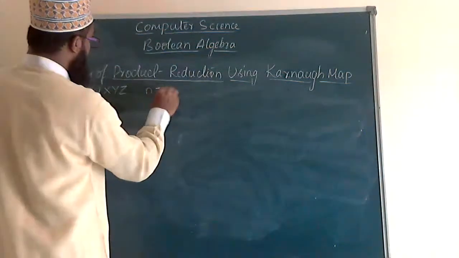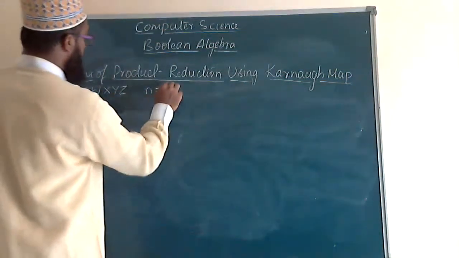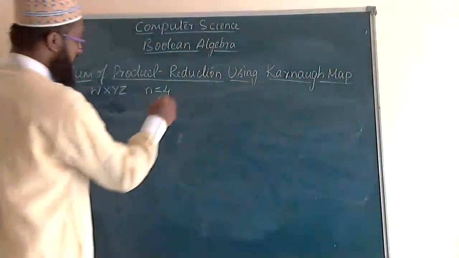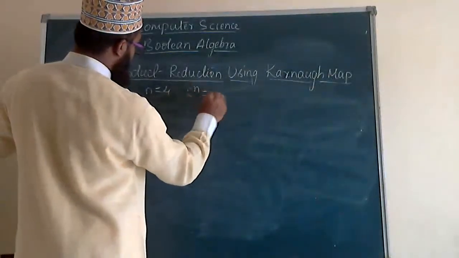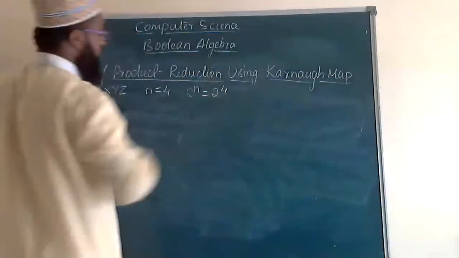Here n is equal to 4, then 2 to the power n is 2 to the power 4.